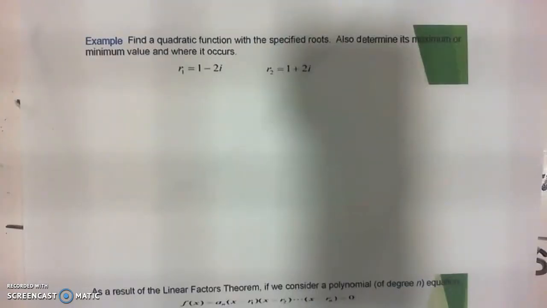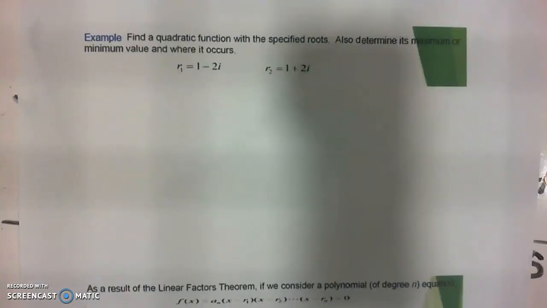The second workout question that I have is right there. r sub 1 is equal to 1 plus 2i, and r sub 2 is equal to 1 minus 2i.